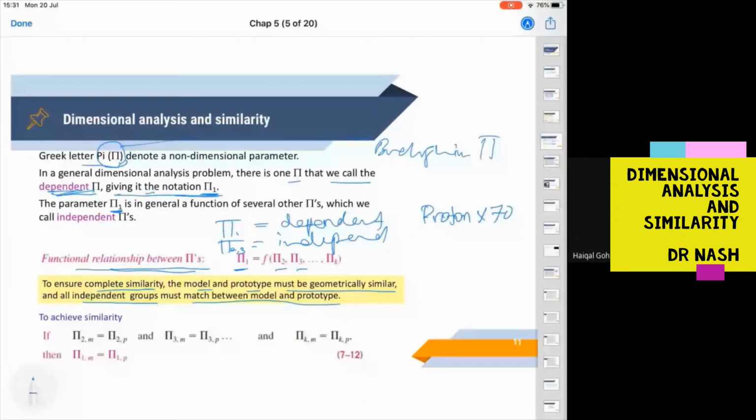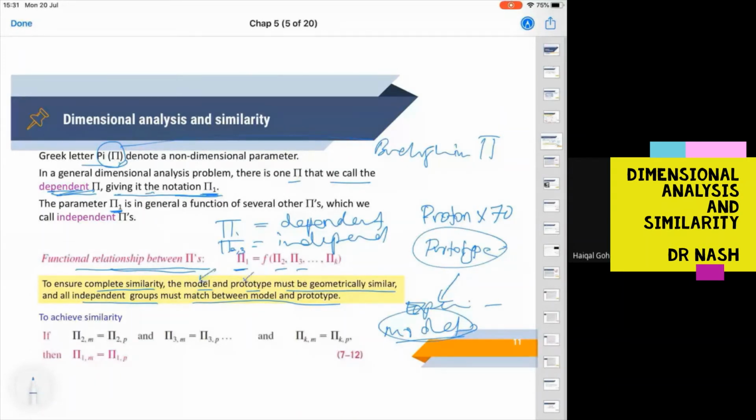So we name it the prototype. It doesn't mean the prototype can't be used anymore. It is the real size, that prototype. When we do experiments, let's say on drag and so on, we downsize it, we reduce its length, we reduce its mass, we make it lighter and so on. So we name it the model. Okay, so that prototype and model, that's what we're referring to in this sentence. Model and prototype must be geometrically similar.